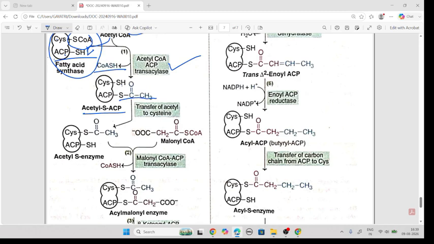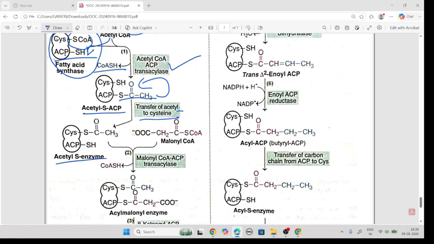It is not acetyl CoA now, it is just an acetyl. This acetyl will be transferred from ACP to cysteine. Just a transfer of the acetyl to the cysteine part of FAS. See, now this has been converted into this. Now the ACP part is vacant and this is called acetyl-S-enzyme.